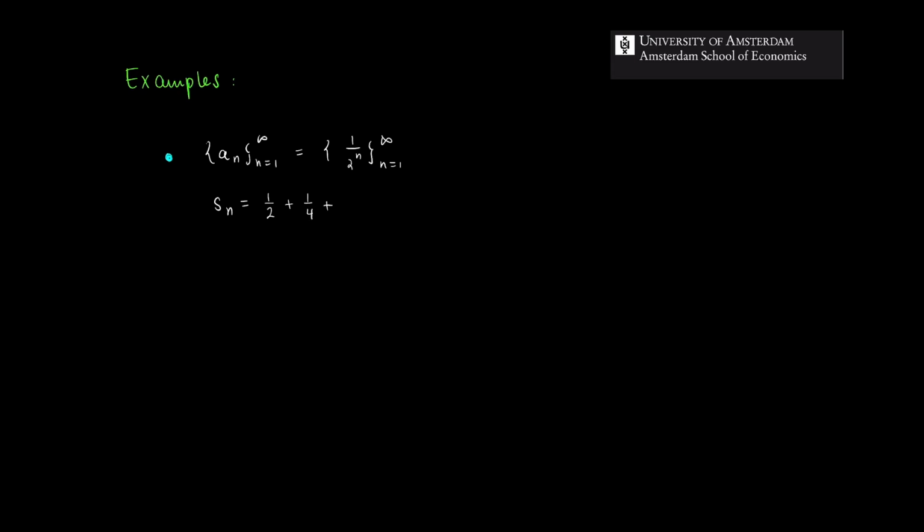So we can look at the first n powers in this sequence. Then we get the partial sum a half plus 1/4 until 1 over 2 to the power n, right? So we can depict these elements in the sum, so we can find these sums as areas.